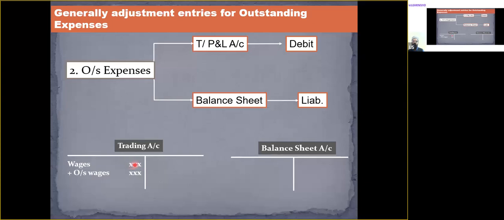But if there are any outstanding wages as well, then we will add them to the wages in the trading account itself, and write the final value in the trading account. That basically means we will be recording the 20,000 in the trading account. If 12,000 is paid and 8,000 is pending, then we write wages paid 12,000 plus outstanding wages 8,000, so a total of 20,000 will be written in the trading account.